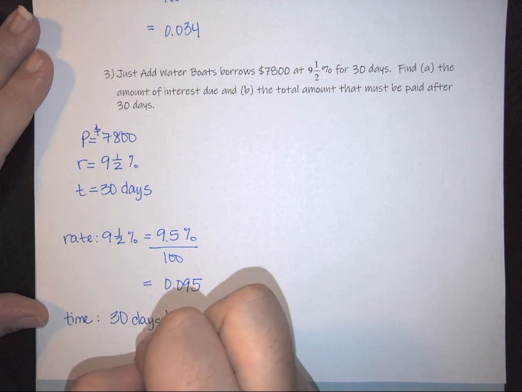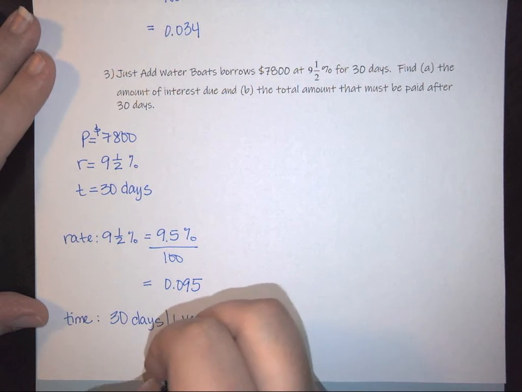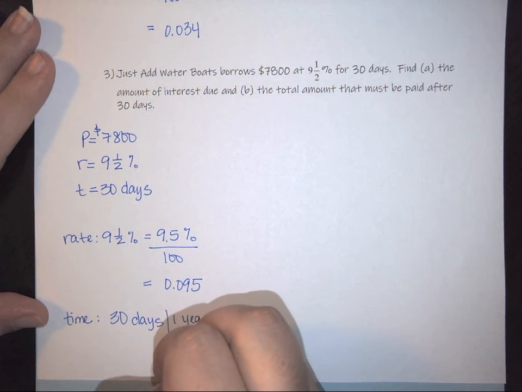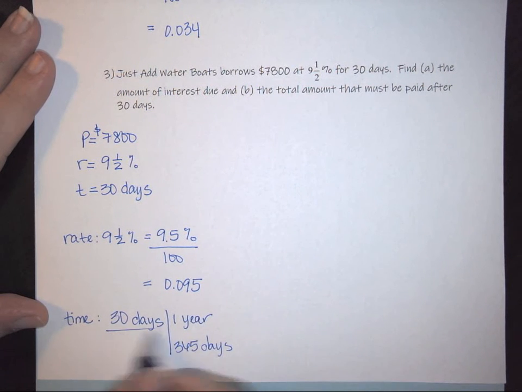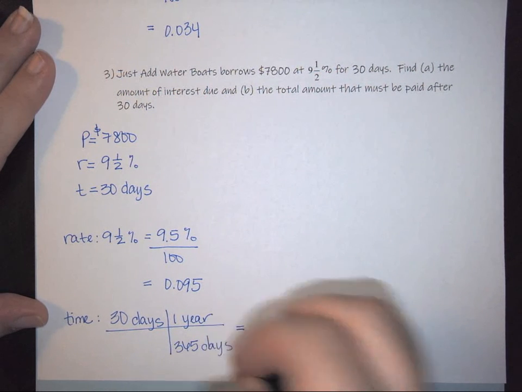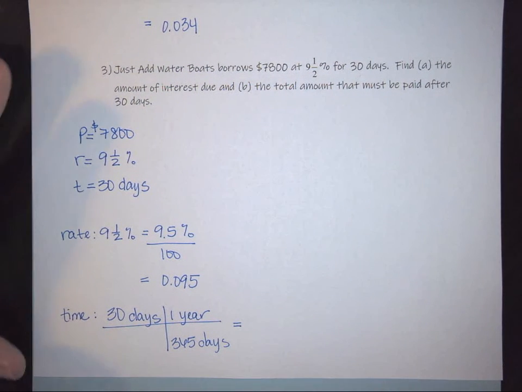Well, I need this to be 1 year. And what's important about a year is that in this case we're going to use 365 days. And here we're going to get a decimal, or we can use the fraction.